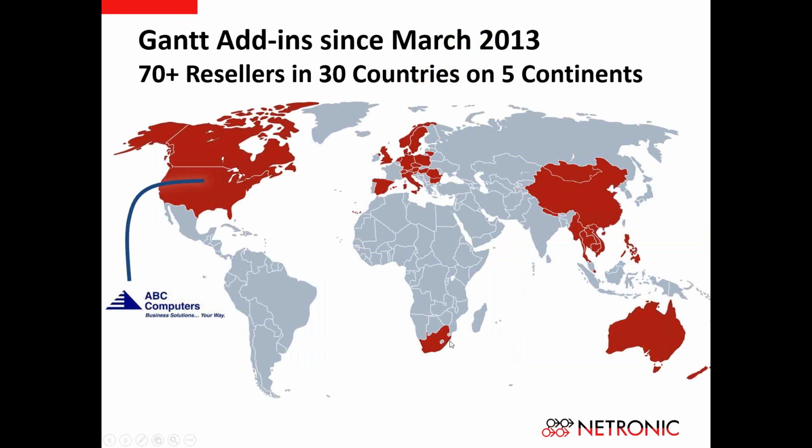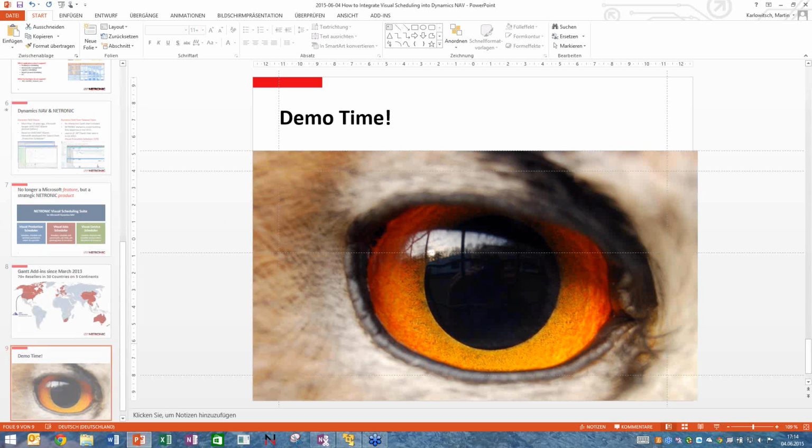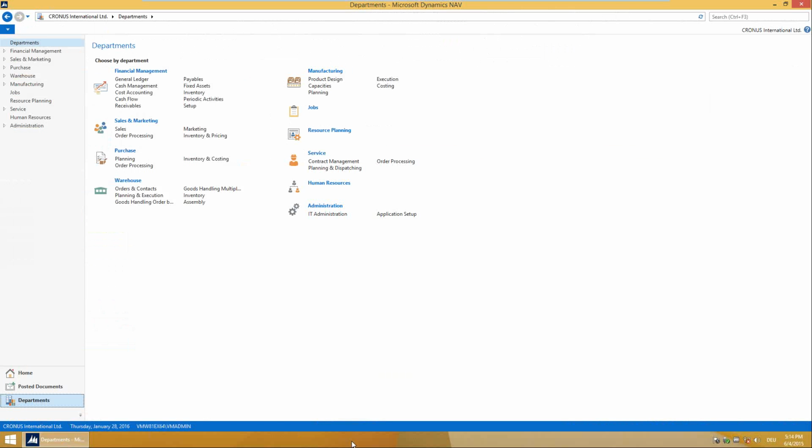And as I said, one of the trained and specialized resellers that we have is ABC Computers, and I'm really happy that they now also invited us to talk to you guys and to present our products directly to you. And I think with this, this is actually enough PowerPoint and enough introduction, and I think we should have a look at the real stuff and look at Dynamics NAV.